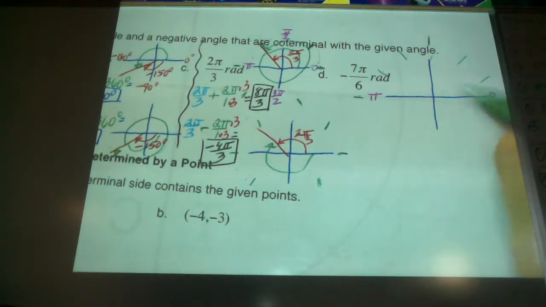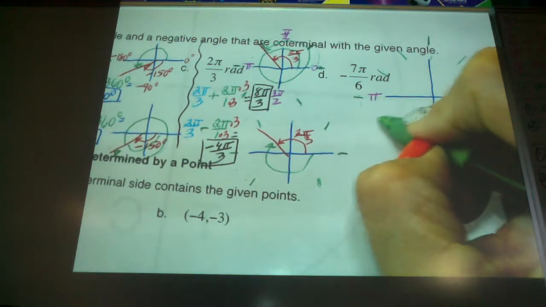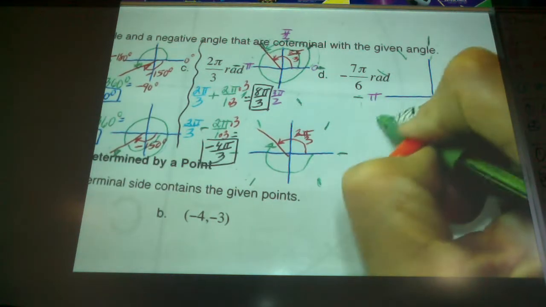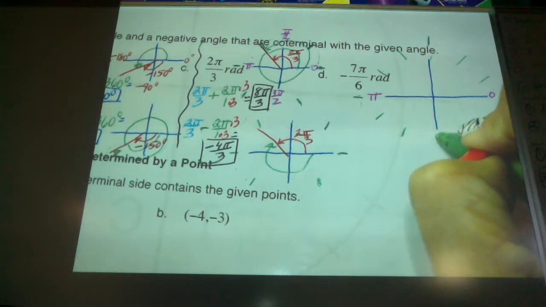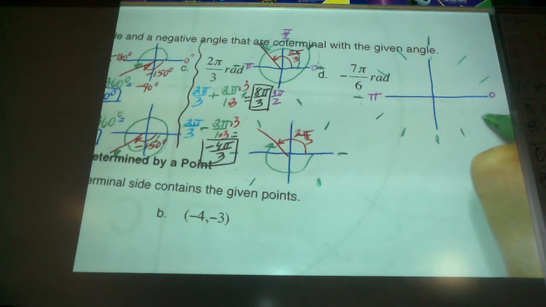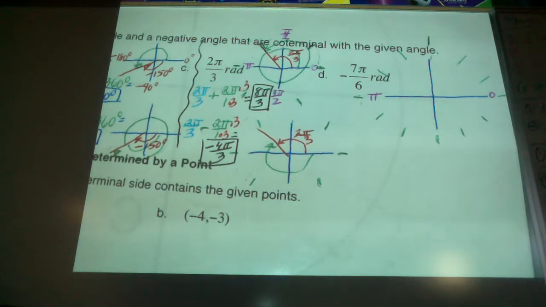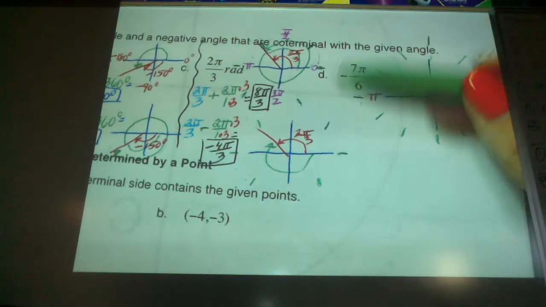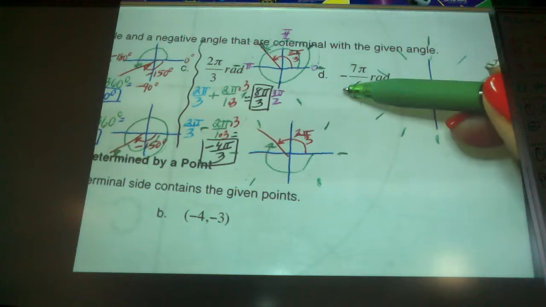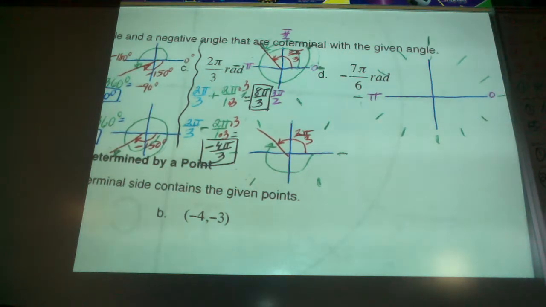I'm going to do the same thing here. So this would be 1, 2, 3, 1, 2, 3. One purpose of that is so I can count. So this starts out at negative 7 pi over 6. We have to go in the negative direction.